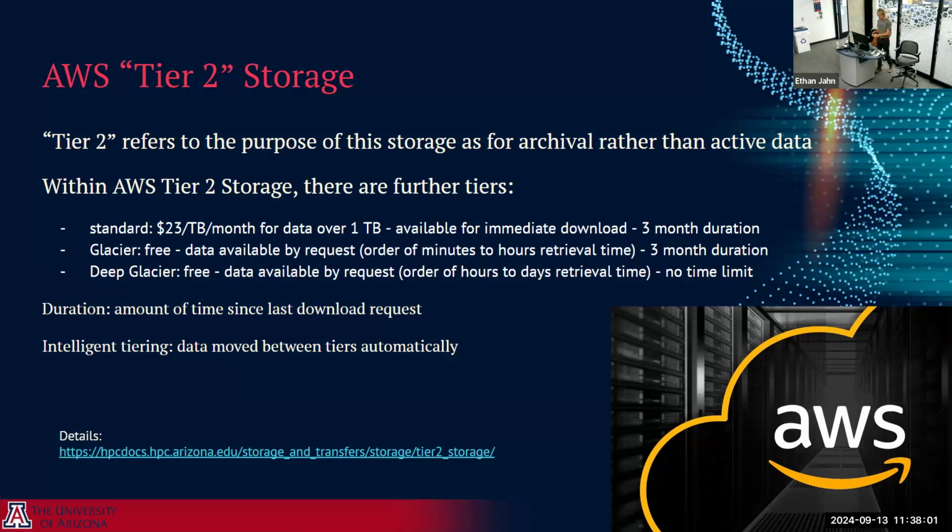There's more detail in our docs, and that documentation page also links to Amazon Web Services' own page of information. This is called intelligent tiering, where the tier of data storage depends on how much time it has been since the last time you downloaded it.